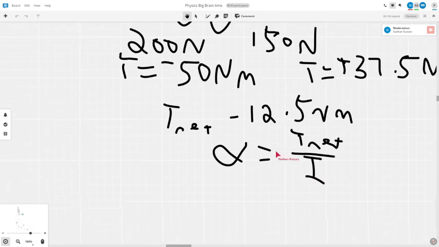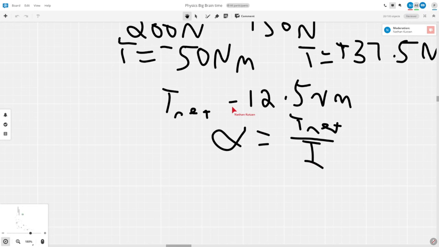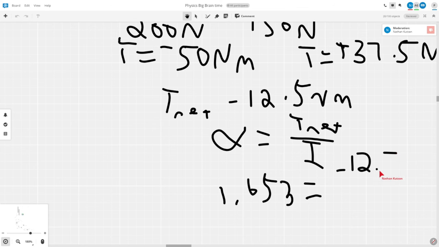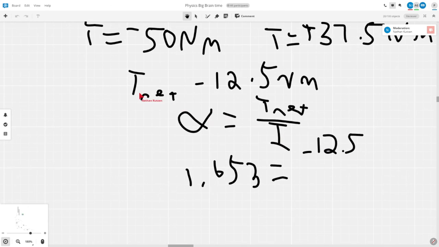So we know that angular acceleration was 1.653, and that's going to be equal to negative 12.5, which is the net torque, over rotational inertia, which is what we don't know.